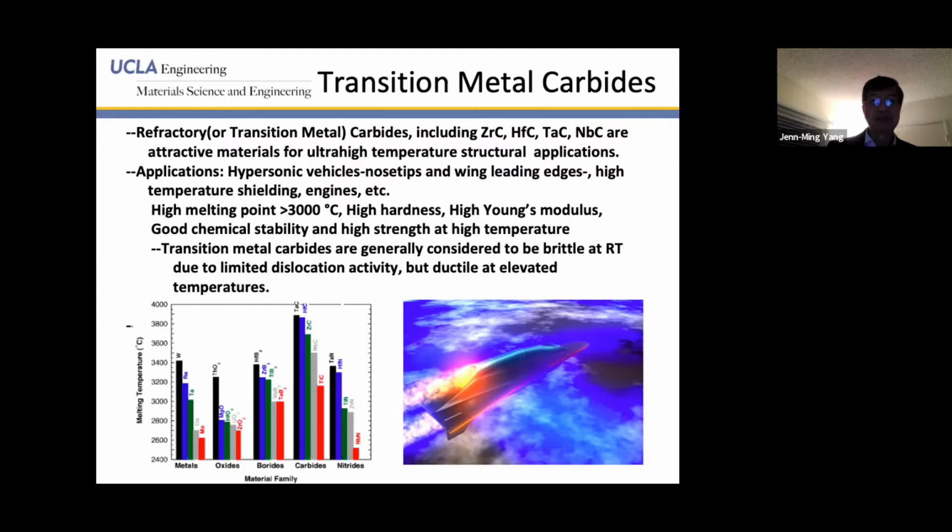Most of them, as you can see in the figure, are over 3000 degrees C. They have very high hardness, very high Young's modulus, very good chemical stability, and high strength at elevated temperatures. Potential applications of these materials include hypersonic vehicles, as well as high temperature shieldings and engines.